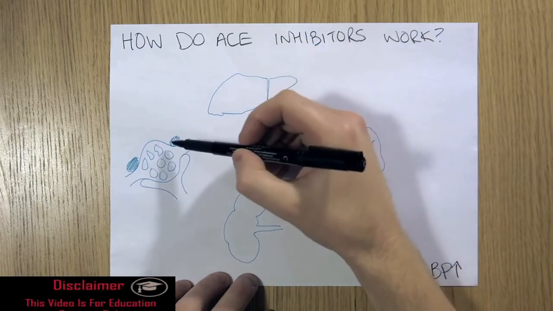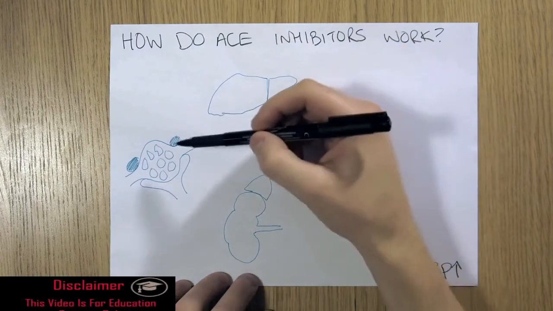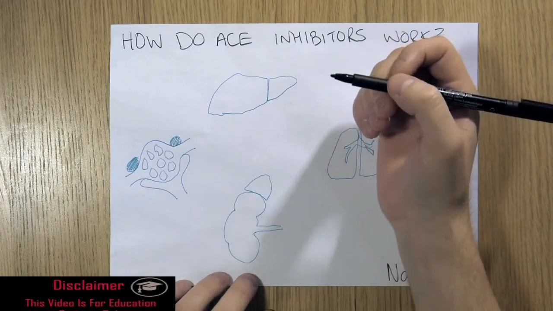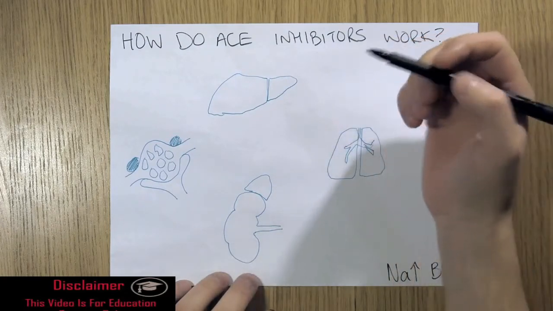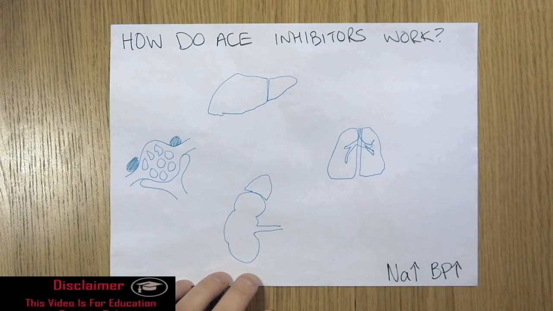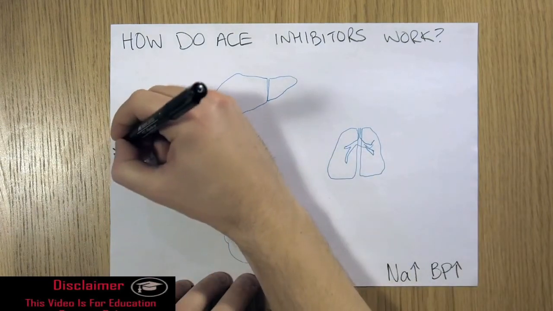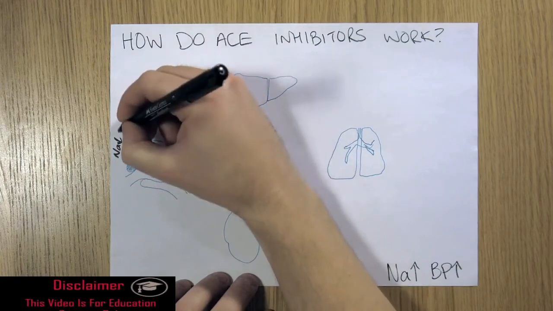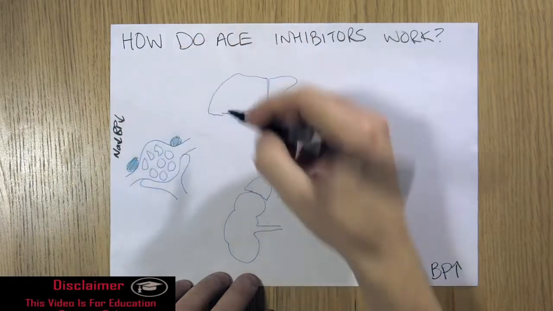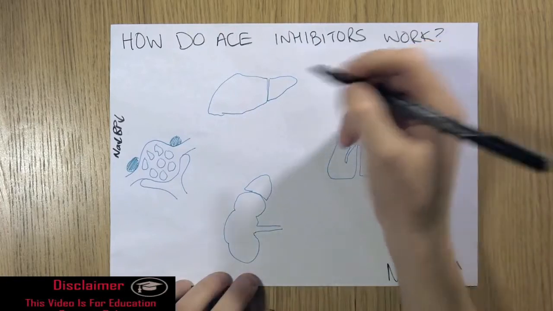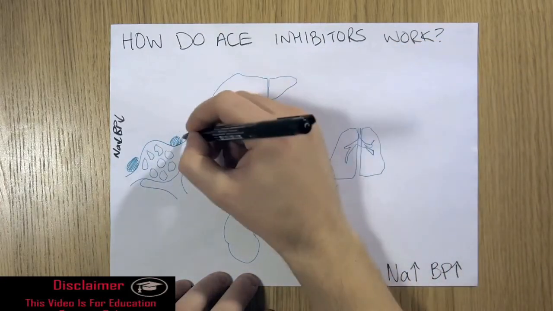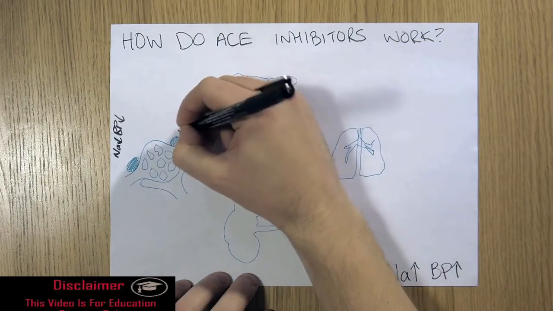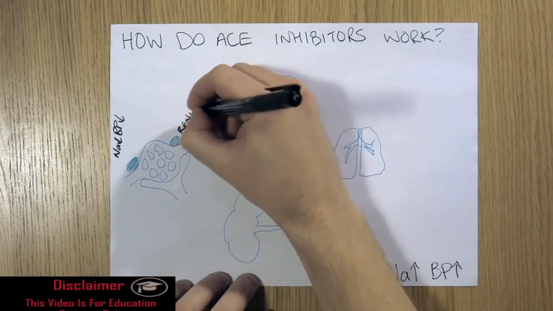And these juxtaglomerular cells essentially sense sodium and blood pressure. So as the sodium falls in these cells and the blood pressure falls in these cells, they produce an enzyme that's called renin.